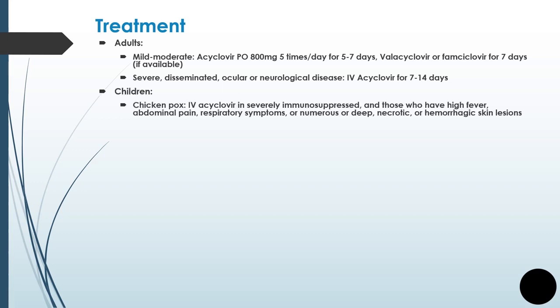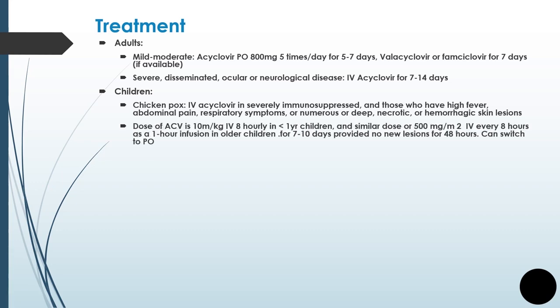In children, chickenpox should be treated with IV acyclovir, especially in patients who are severely immunosuppressed and who have high fever, abdominal pain, chest symptoms, or numerous or deep necrotic or hemorrhagic skin lesions. The dose is 10 mg per kg 8 hourly in children less than 1 year of age.